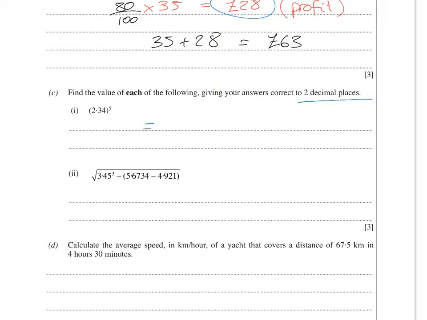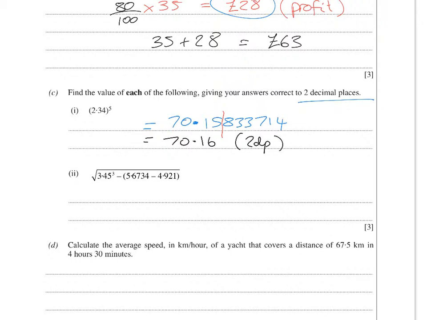Okay, now if you write out the whole answer, which you should get, 70.15833, you will get one of those marks there, okay? It is important you round it to 2 decimal places because it says to round it to 2 decimal places. So the line down there, this number here is 5 or bigger, so that means this one's going up by 1. So my answer should be 70.16 to 2 decimal places.